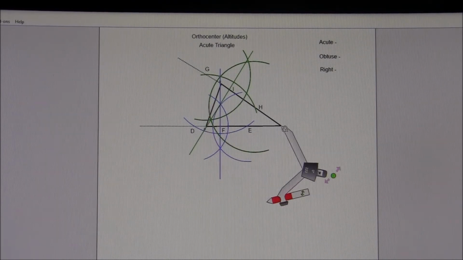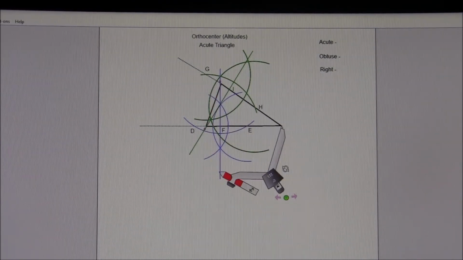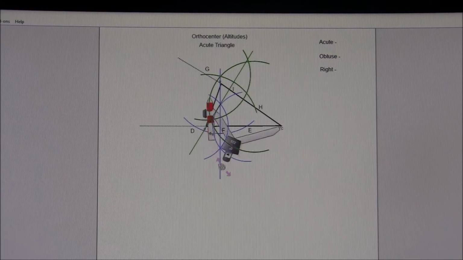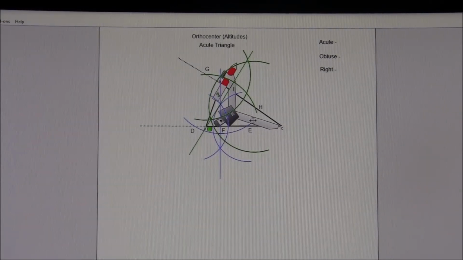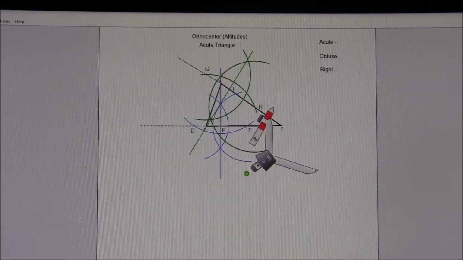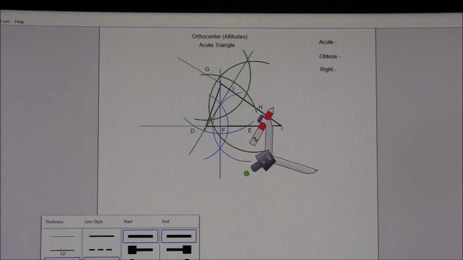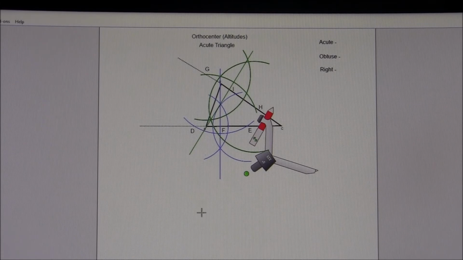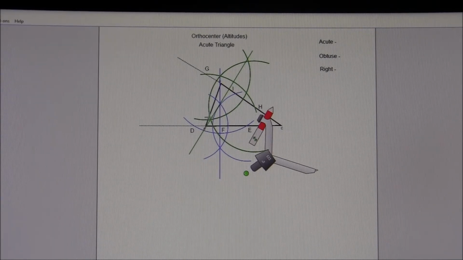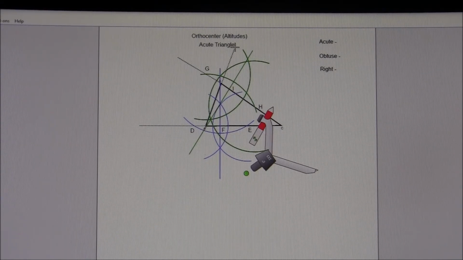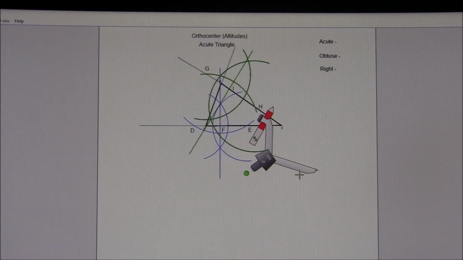So no matter what I do, I have to extend that line. So, okay, let's extend that line. Let's just do it up there.